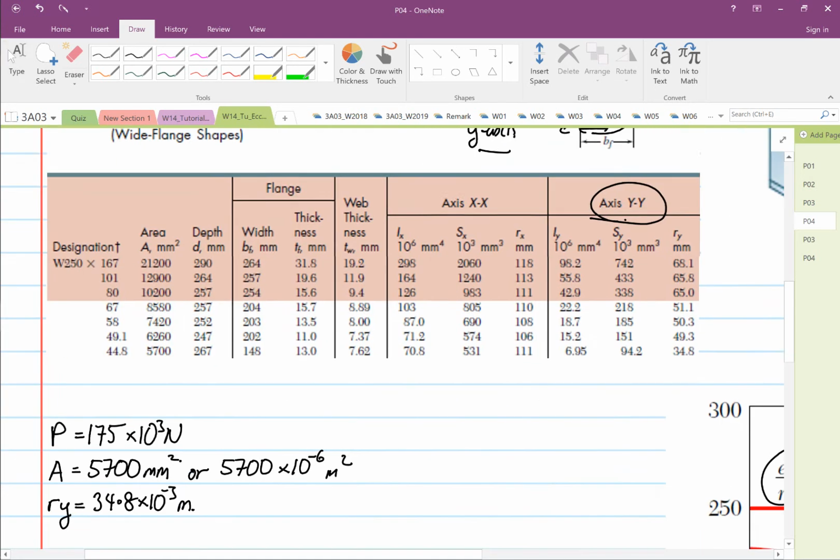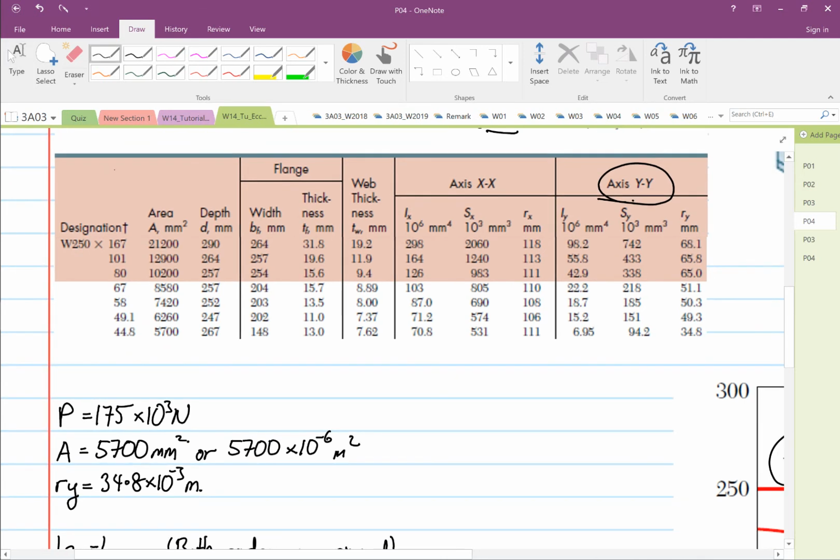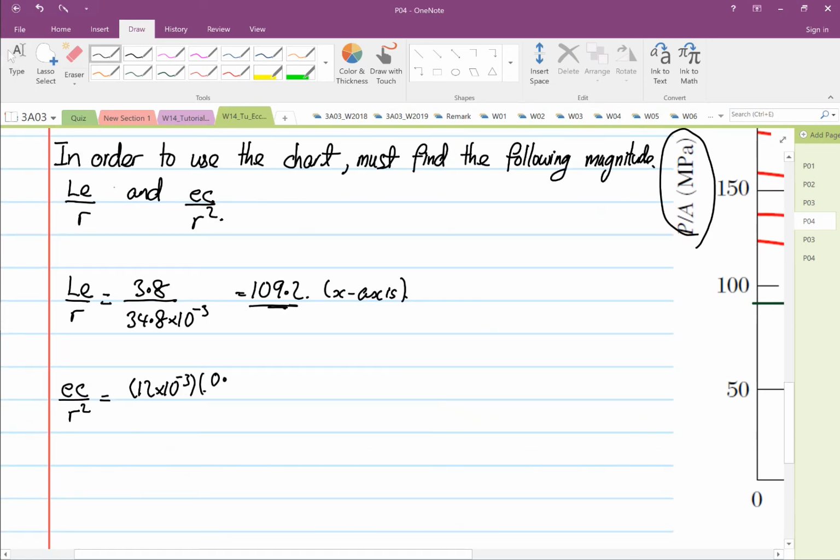It's bf, which is equal to 148, or 0.148, divided by 2, and then your radius of gyration is 34.8 times 10 to the power minus 3, squared. So this will be equal to 0.73325. Okay, so this is our curve coefficient.